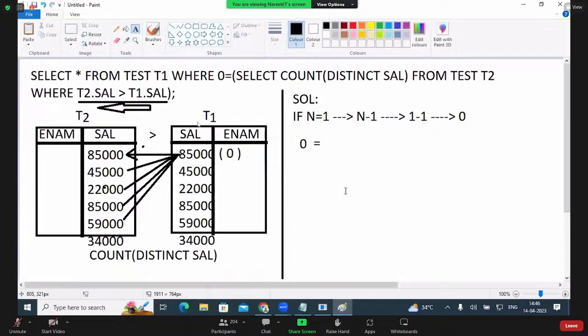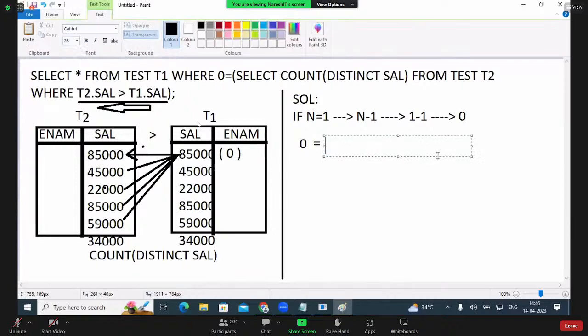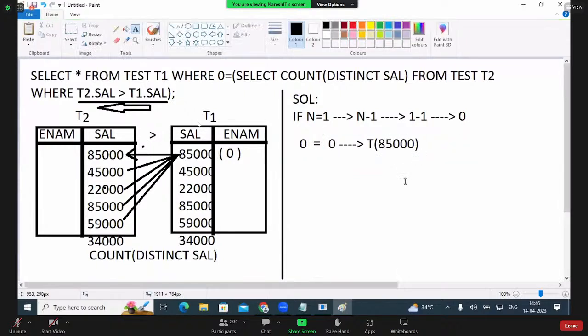This 0 is the inner query value, from the inner query condition checking, and whatever value returns, I compare with the outer query 0. Now tell me, 0 equals 0. Condition true or false? True. At which value? 85,000. So that row will be picked from your table and kept.